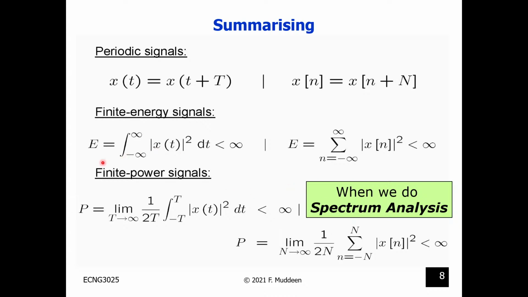And we'll be using this finite power signals series that we just saw here when we start doing spectral analysis later on. And like I said from before, because we deal with discretized time signals, it's a lot easier to do this mathematical manipulation, to do this spectrum analysis.